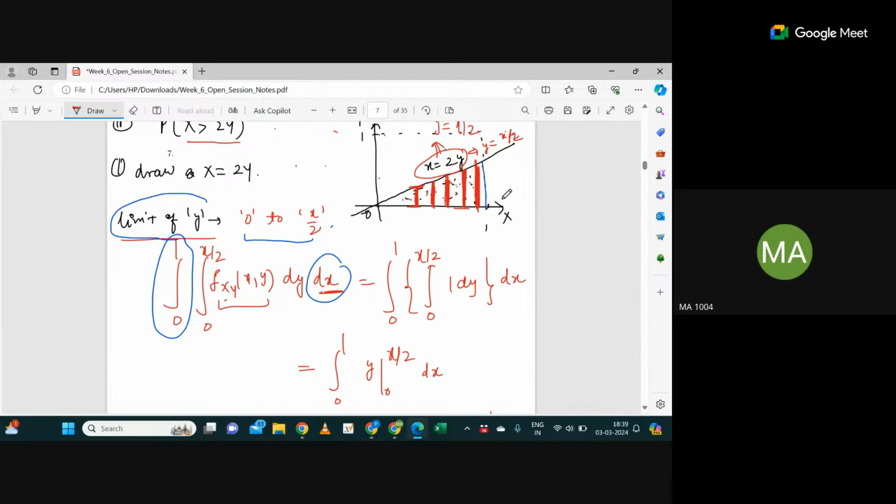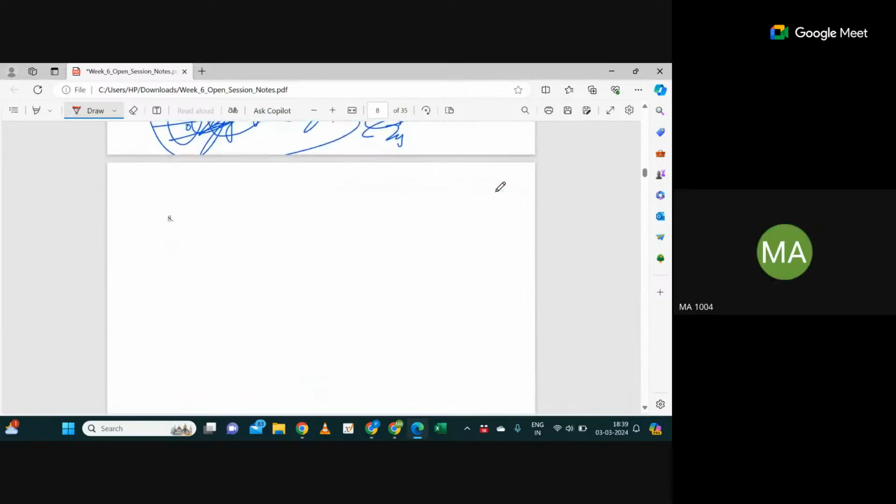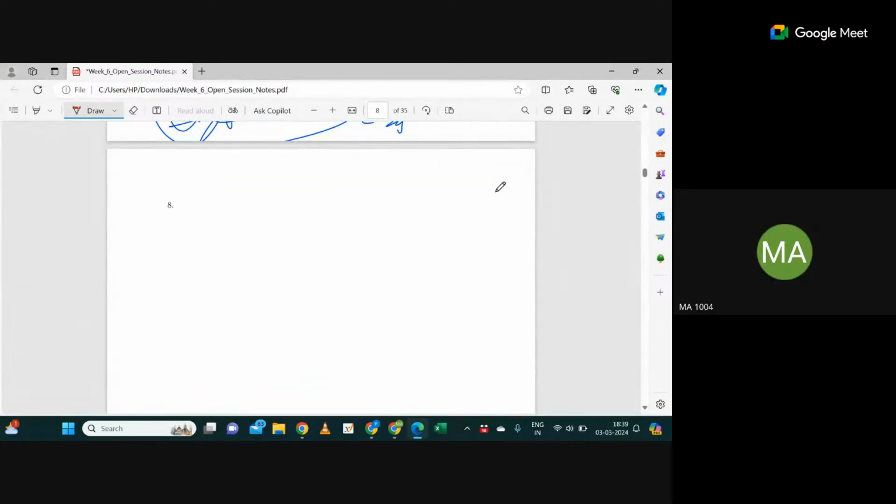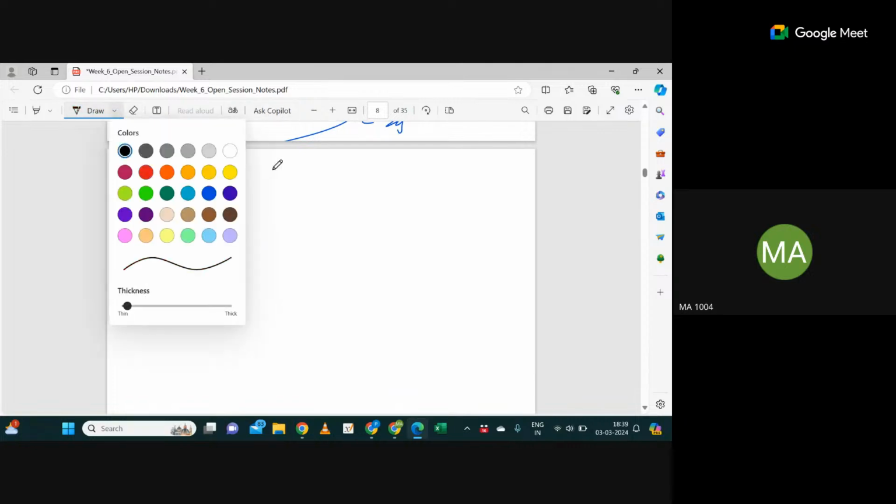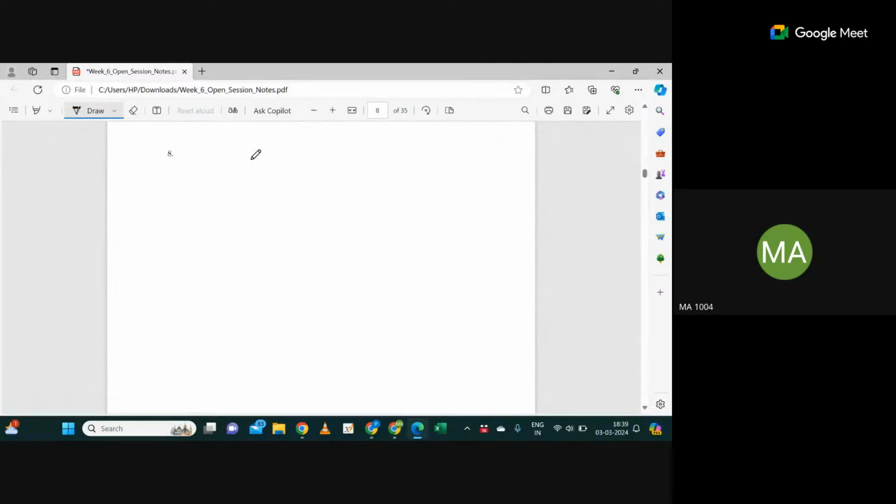After this comes the 2D uniform distribution. Whatever inequality is there, first draw the equality.